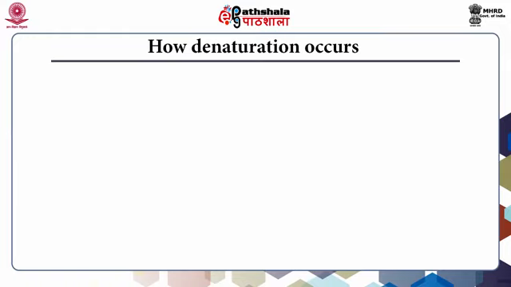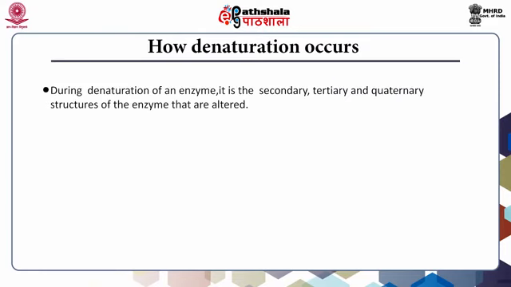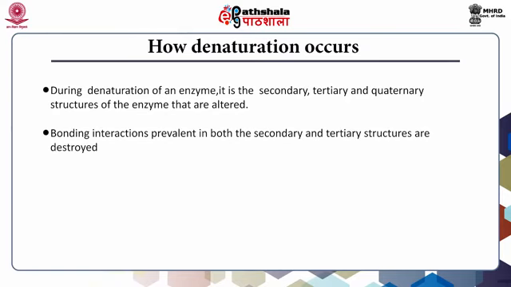We all know that protein function is determined by all structural levels within the protein. During denaturation of enzyme, it is the secondary, tertiary and quaternary structures of the enzyme which are altered. This is because the bonding interactions which are prevalent in both secondary and tertiary structures are destroyed.